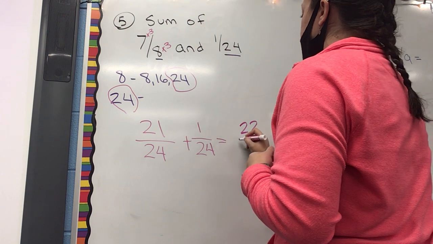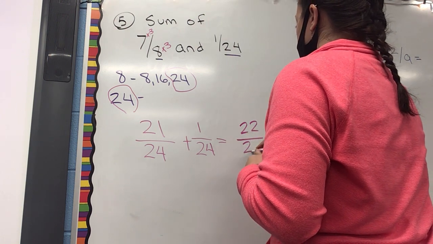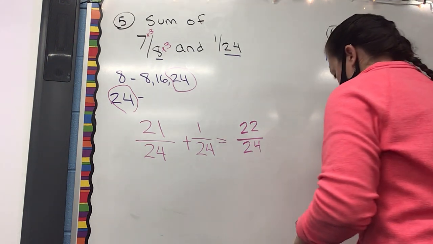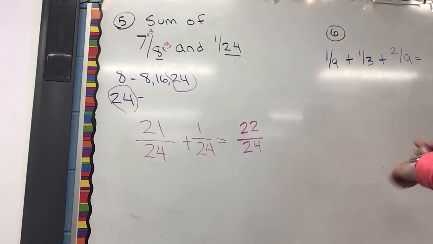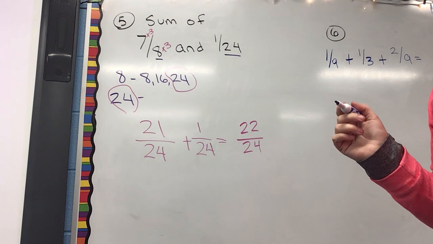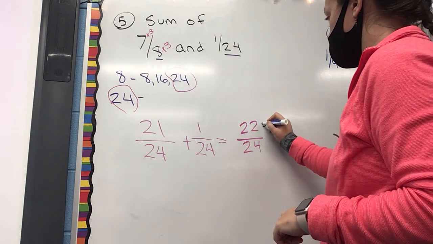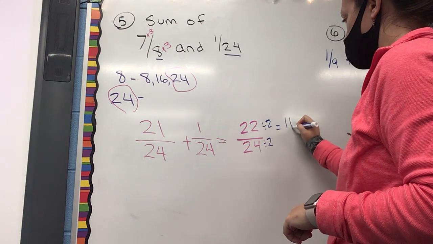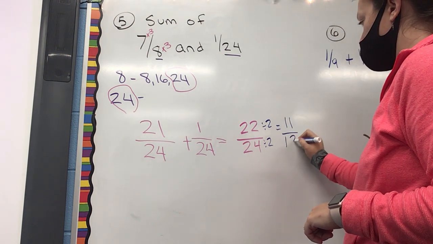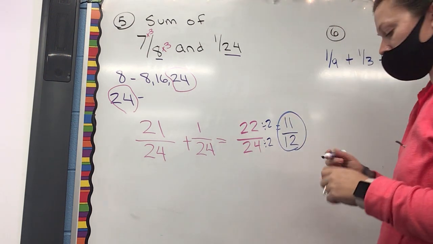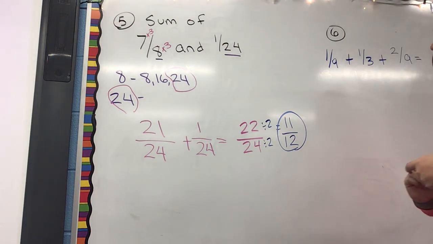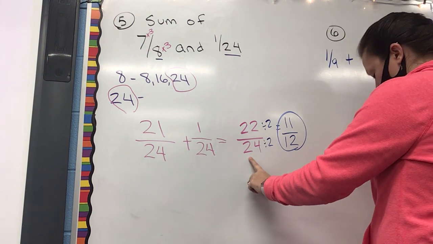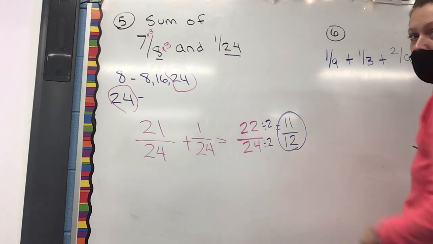What do I do with my denominators? Am I done? Why am I not done? Simplify. How can I simplify this fraction, Megan? Ladies and gentlemen, on the test, if you give me this answer, you are going to get it wrong. You must simplify. Okay?